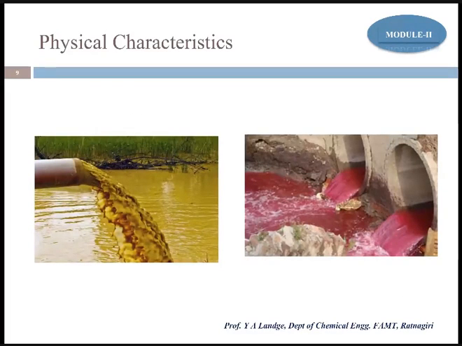If you see this picture, we can easily say that yes, this is dirty water, or water which is not for drinking or irrigation purposes. Why? Because the color of the discharge water is yellowish, and this one is pinkish red. We would not drink such water, or use such water in process industries.